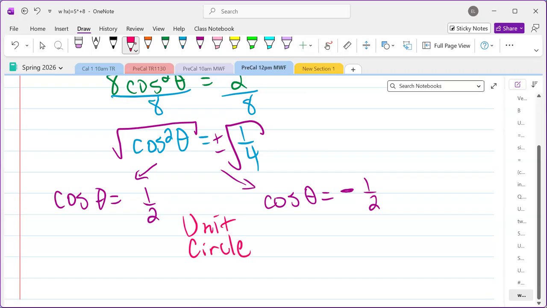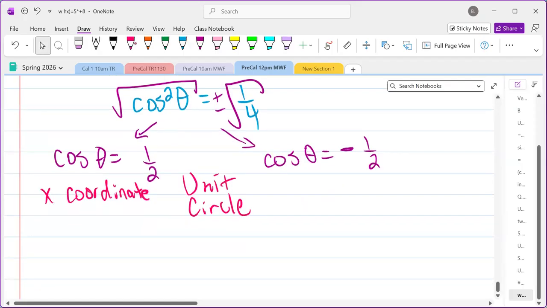Now this is where we're going to look up on the unit circle where the cosine of theta is 1/2. So remember, cosine is the x coordinate. So the x coordinate is a 1/2 when it's close to the y-axis, so that's pi over 3.